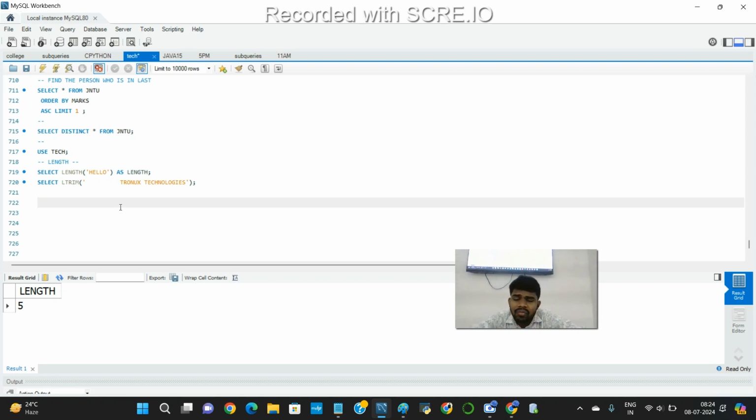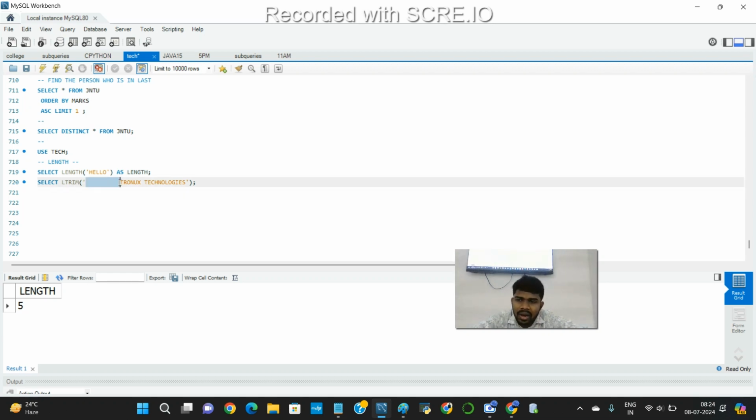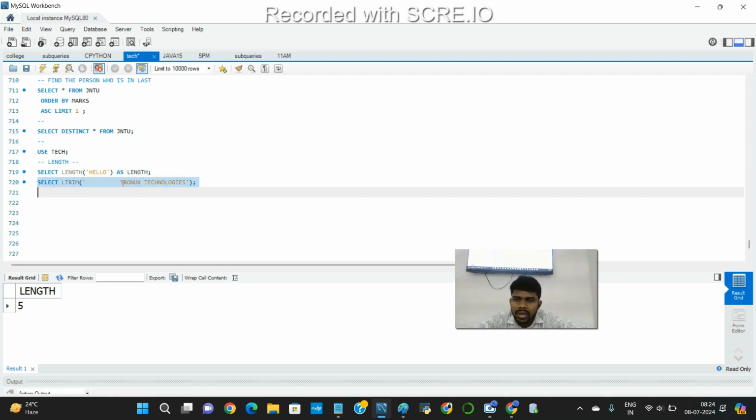What is the purpose of LTRIM? L stands for left. Trim means cutting. We are going to cut the left side of this string. I mean, it will remove the white spaces at the beginning of this string.